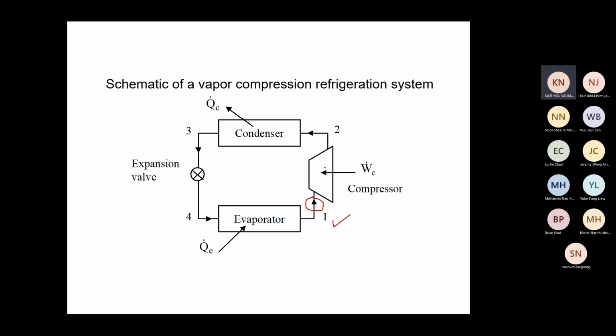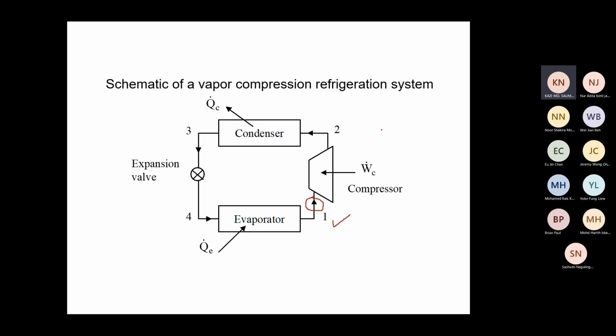And then after that it's compressed and then coming to this point, and then it's cooled in the condenser there. When it's cooled, this heat is dissipated to the cooling liquid. Then after that is the expansion valve, where the throttling effect is.